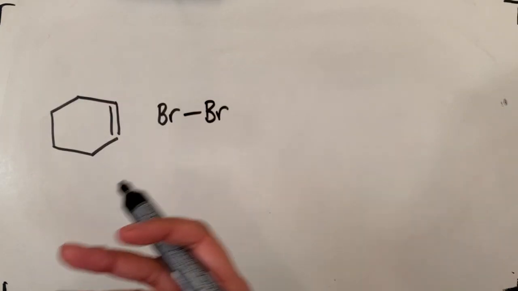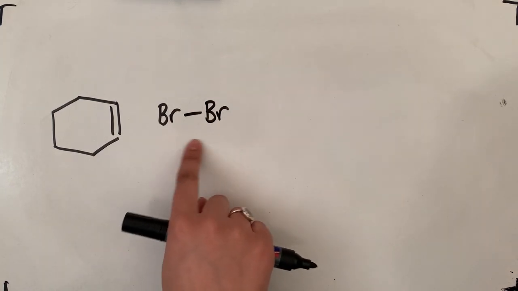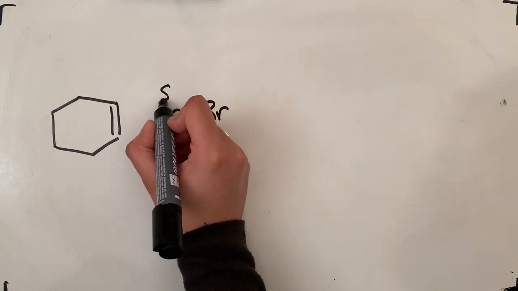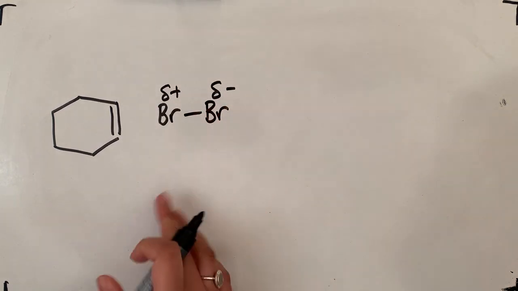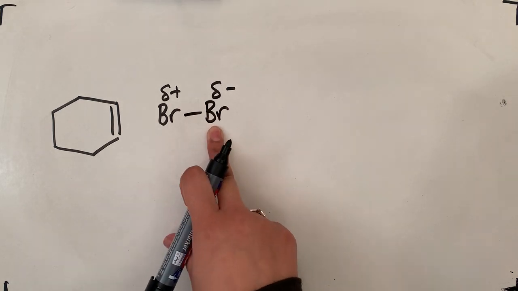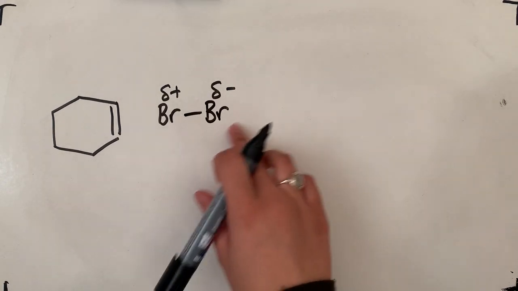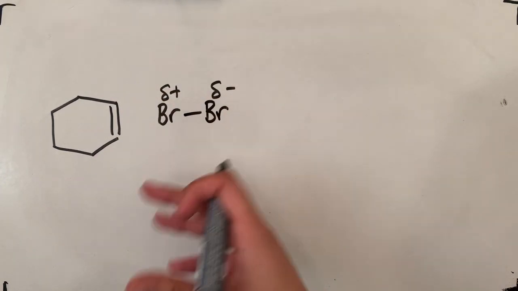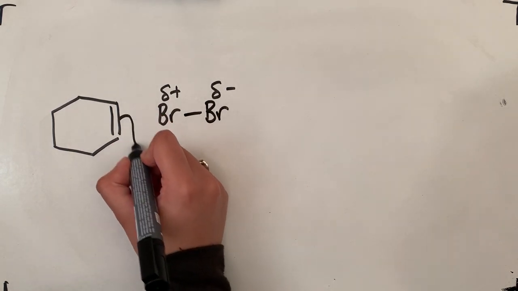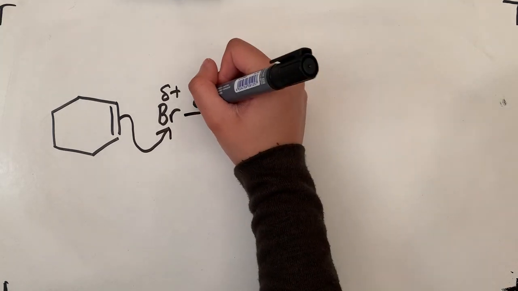It's a high electron density, and because of this, it can induce a dipole across this bromine molecule over here. As we've seen, we induce a dipole across here, which pushes the electrons in this bromine-bromine bond slightly closer to this bromine over here, so this bromine is now our electrophile. It's electrophilic enough to have a reaction between this double bond and that bromine electrophile.